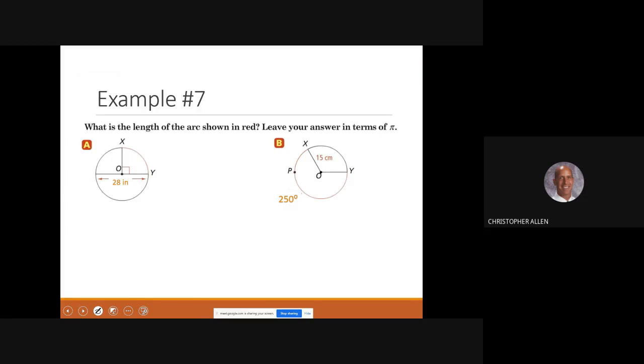All right, so let's not do all of these. I want you guys to do this one right here. I want you to find the answer to B, which is find the red arc. In other words, I want to know the length of arc XPY. I'm going to give you a minute to try to figure it out. Now notice it says leave your answer in terms of pi.